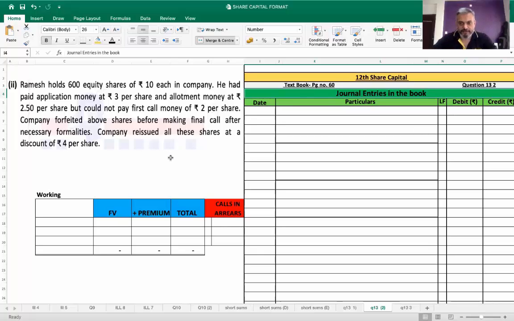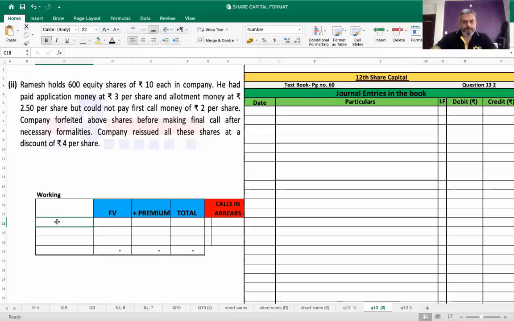Very interesting sum. Let's write what is given in the working. Application 3 per share. Then allotment 2.5 per share.